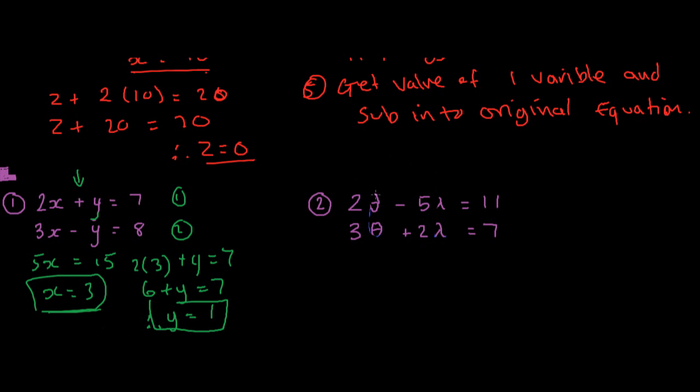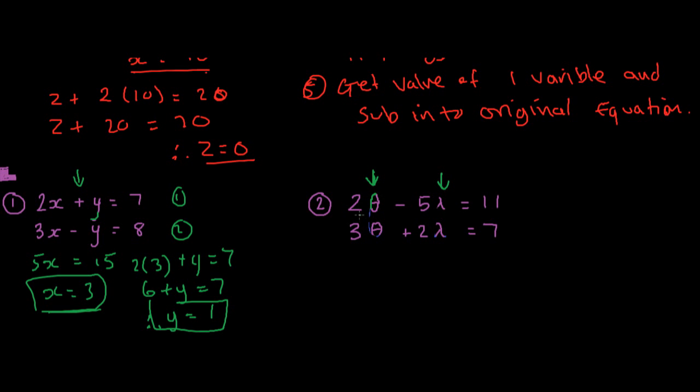Again, I'm using Greek letters here instead of normal letters, just to make sure that you don't get confused. So you could have English letters or you could have Greek letters. This is the letter theta, and this is the letter lambda. You often see these symbols in physics and in maths.